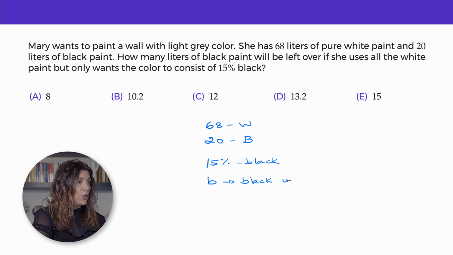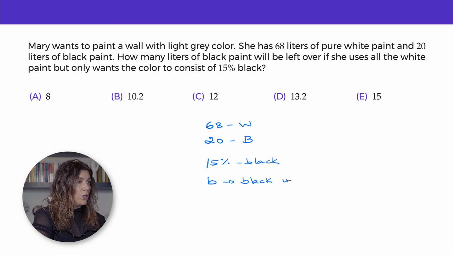But this is the algebra to calculate the amount of black used. Do not forget that the question was how much black paint will be left over. So the last calculation you need to do is the total amount of black paint you have, so 20, minus the amount of black paint that you are going to use. So circle this, put this big, very visible, so you do not forget to do this last calculation.